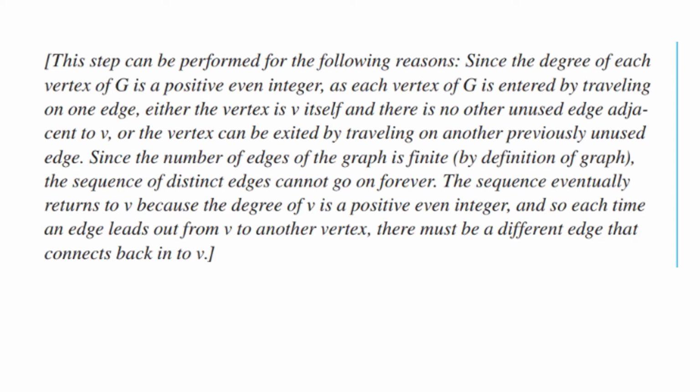Since the number of edges of the graph is finite, by definition of a graph, the sequence of distinct edges cannot go on forever. The sequence eventually returns to V because the degree of V is a positive even integer. So each time an edge leads out of V to another vertex, there must be a different edge that connects back. So what we've done is we've created a cycle, but it's not a cycle for the entire graph.